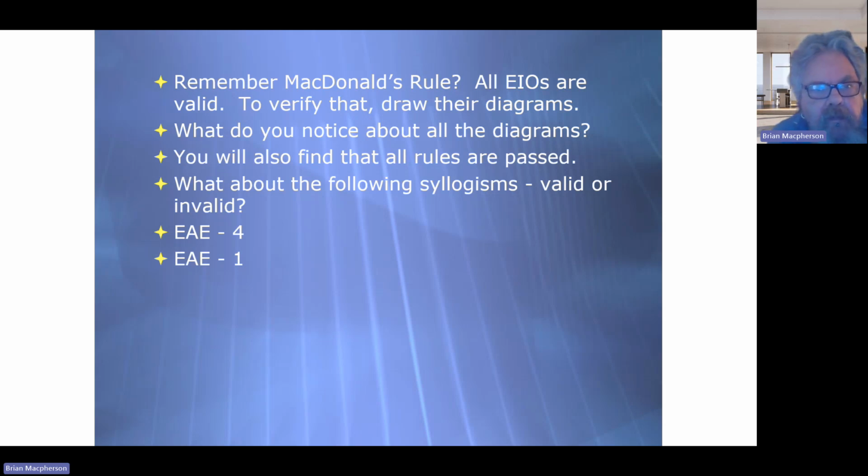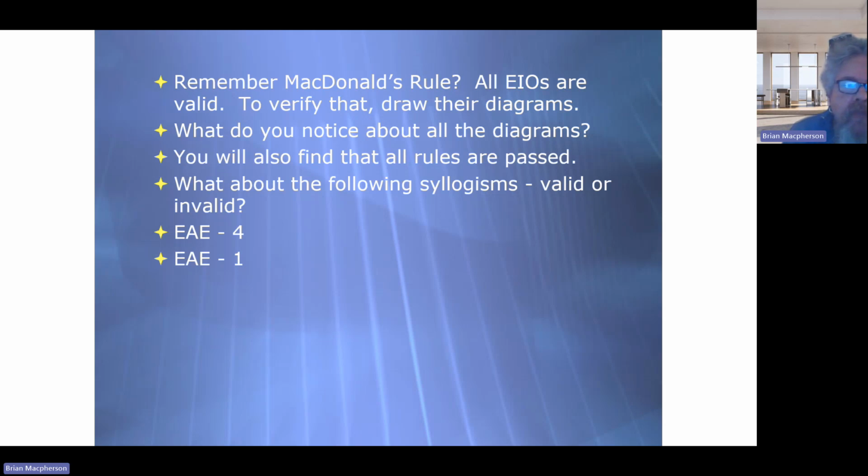Now we have no M's are P's, and then we have all S's are M's. So all S's are M's. We shade in this area here. Okay, so that's the final diagram, all right?